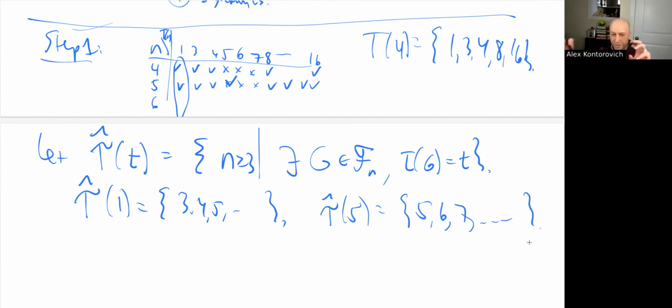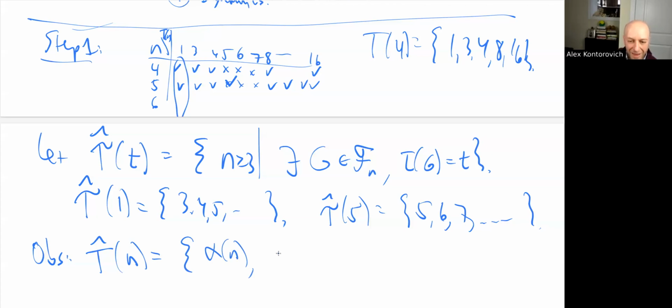So what I hope is clear, the observation, is that tau hat has some minimal value. Let's call that minimum value alpha of n, and then it is every number thereafter: alpha of n plus 1 and so on forever.